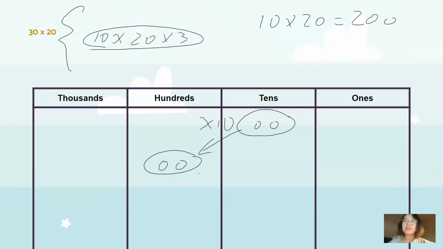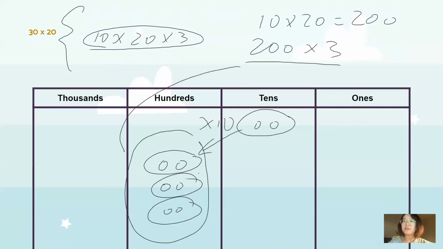Then what is 200 times 3? This also means we have 3 groups of 200. So let's draw another 2 groups right here. So this represents 200 times 3. So how many do we have? We have 6 hundreds, which we can write as 600.